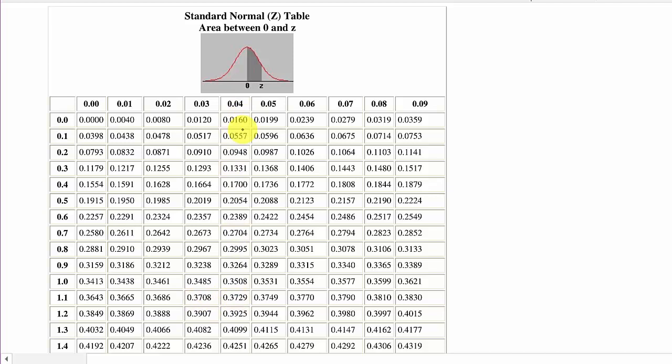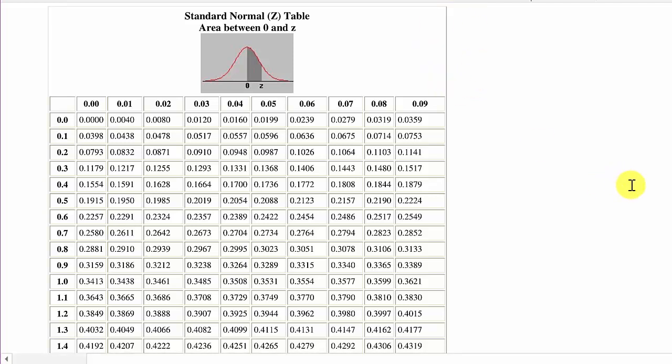Some tables list all of those, so you may be able to look it up like that also. But this one just has the second decimal going across the top. The concept of working them is the same, it's just a little bit different how you look it up.